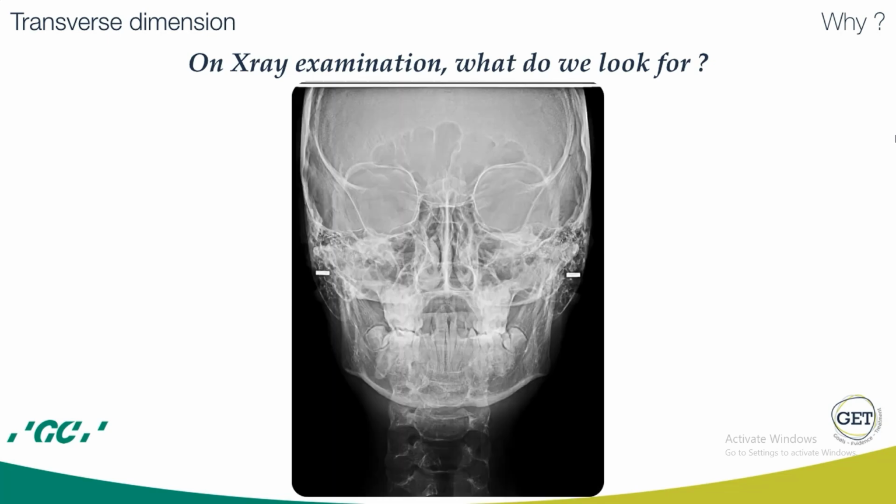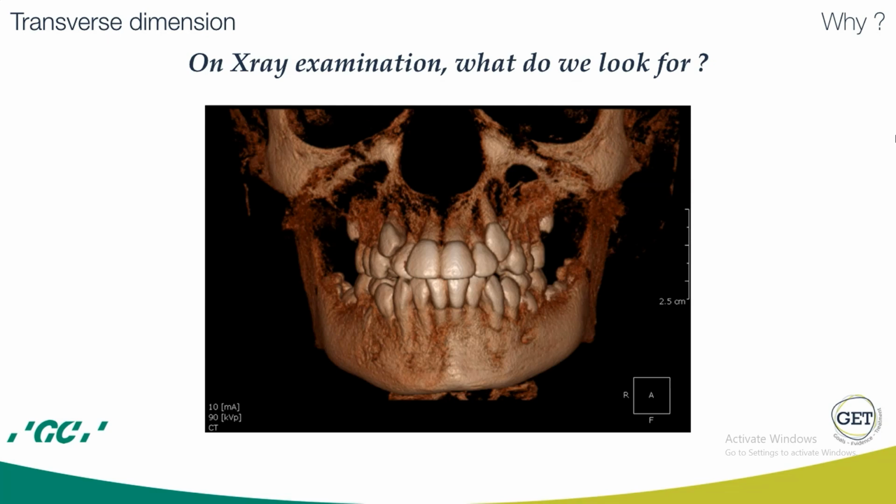How often do we ask for a PA-Ceph or CBCT? Luckily, these days CBCT is used more and more in dentistry and it's more accessible, and due to the CBCT we have more information than ever and it is more precise than ever.